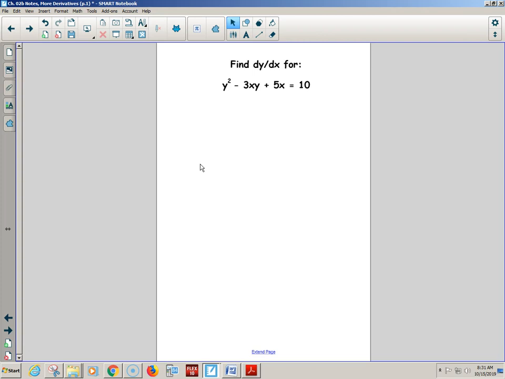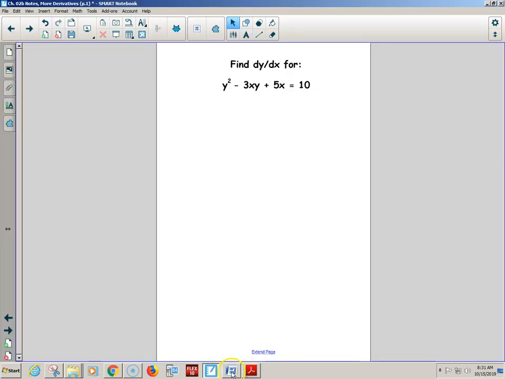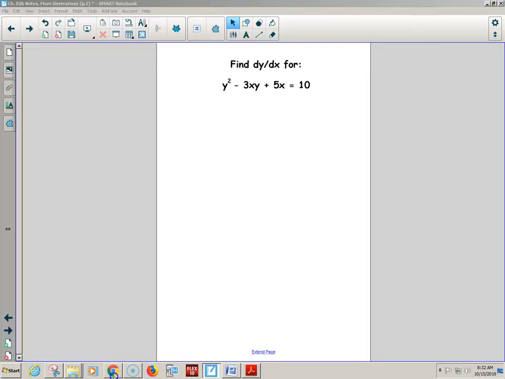You guys, write down this example and start pondering, what could you do if you needed to get y by itself? Proper terminology, isolate y. Could it be possible? Ponder it.